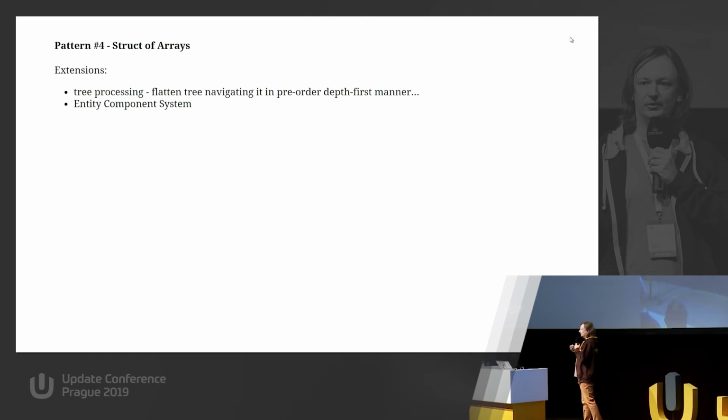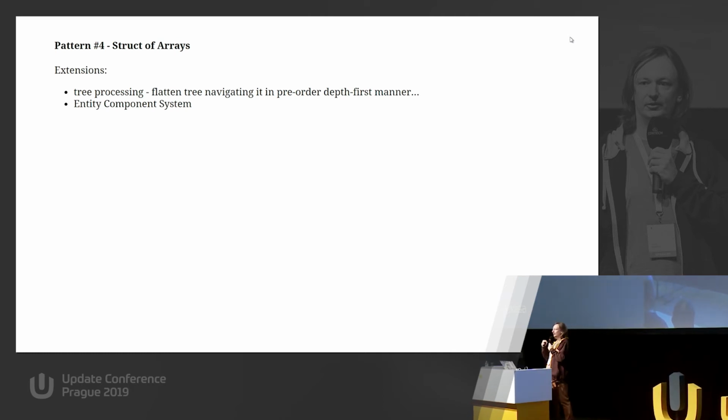Around this concept, there is a more general, a little more well-designed concept called the entity component system, which is tremendously popular in game design, because game engines, in fact, are algorithms that need to update a lot of game objects. This is the problem that they have.